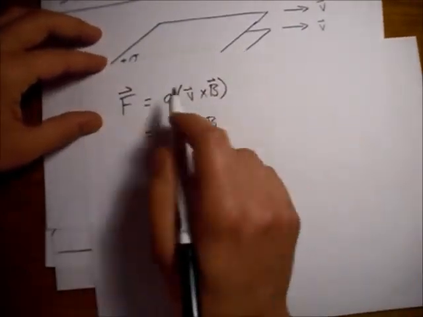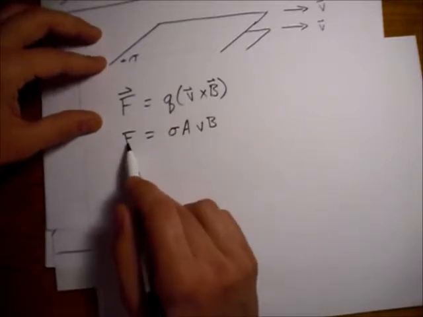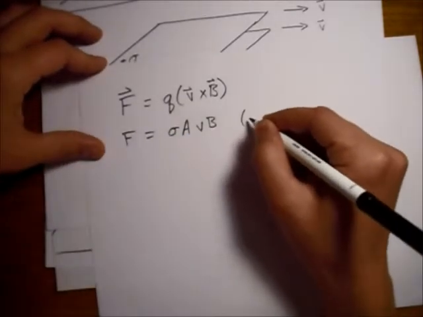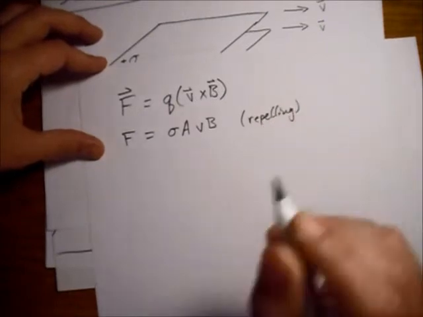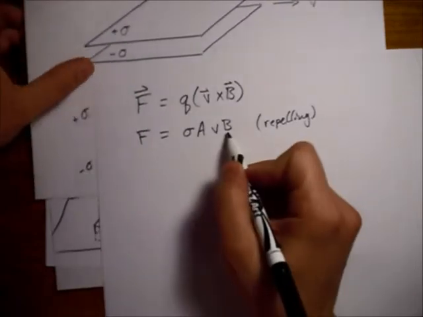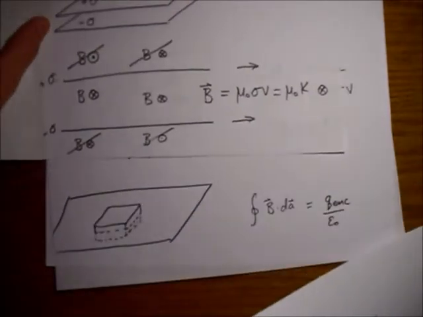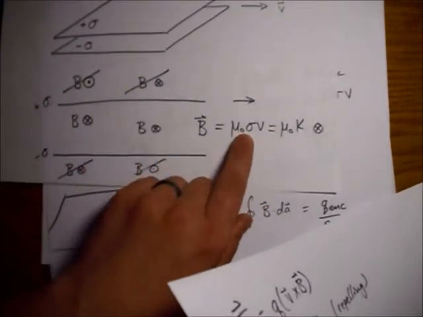Okay, I wrote this, let's make this a vector up here, and then let's just talk about the magnitude of it, and I'll just put repelling in parentheses so we remember what we're doing. Let's go ahead and plug in what we found for B. Remember, we're only looking at the magnetic field from the bottom plate, so it's actually 1/2 of this.